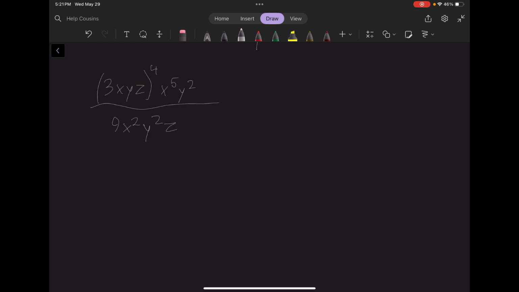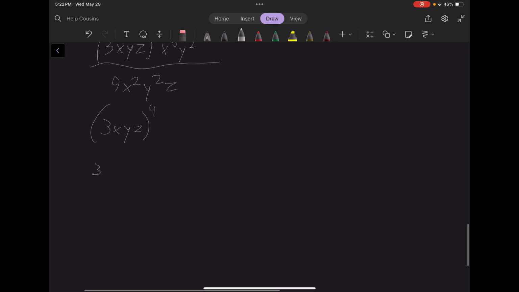So we'll start with the exponent on the brackets using our order of operations. 3xyz to the 4th. We can use our rule where we apply the exponent to each factor individually. So it's going to be 3 to the 4, x to the 4, y to the 4, z to the 4. Plugging 3 to the 4 into my calculator, which is a little bit embarrassing, that'll be 81 times x to the 4, y to the 4, z to the 4.